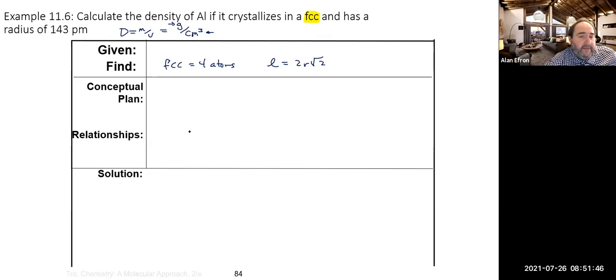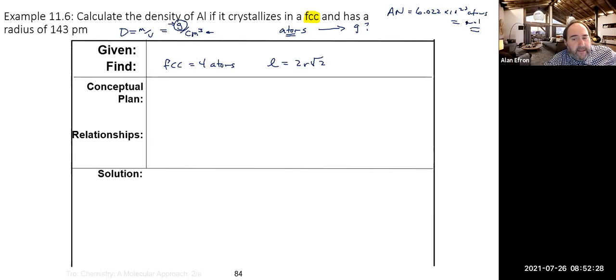So how does this get us to each of these things that we need to tackle? The number of atoms can be very helpful if we think about it like a conversion. If I know the atoms and I need to get to grams, how can I do that based on calculations we've done previously? When you see the word atoms, that should make you think about our good friend Avogadro and his number, 6.022 times 10 to the 23 atoms per mole.